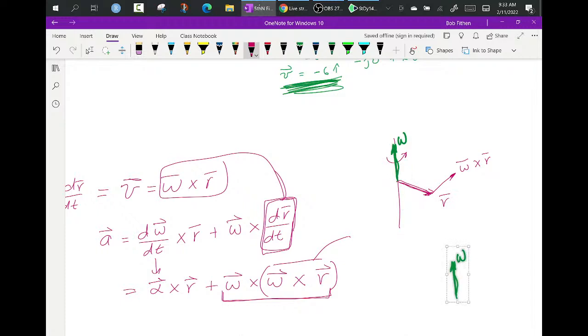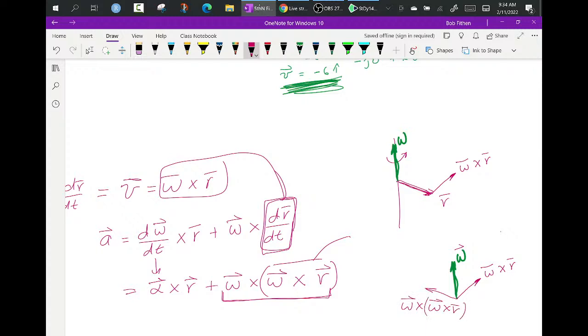I'll take that vector and then I'm going to cross, take this vector, put right here. If you take your right fingers, here's your thumb, and you curl those down, your thumb will point this direction. So this will be the direction of omega cross r.